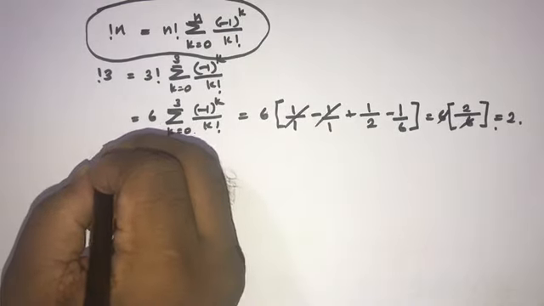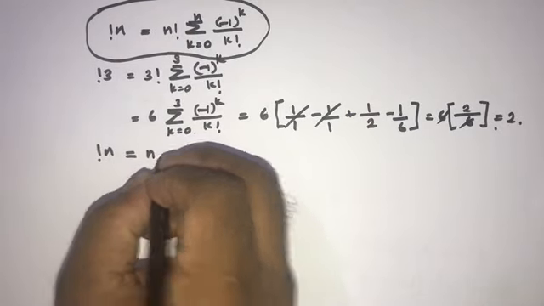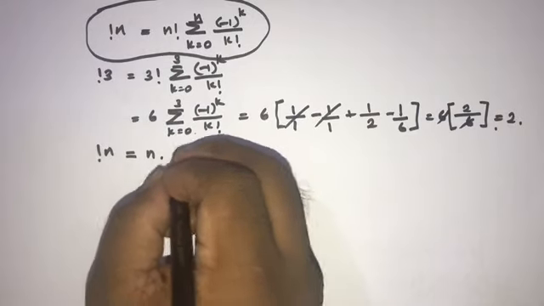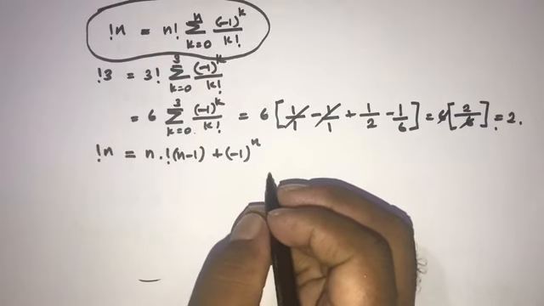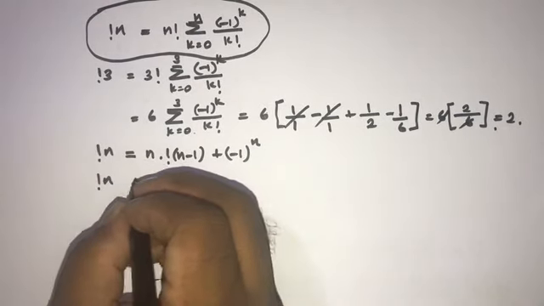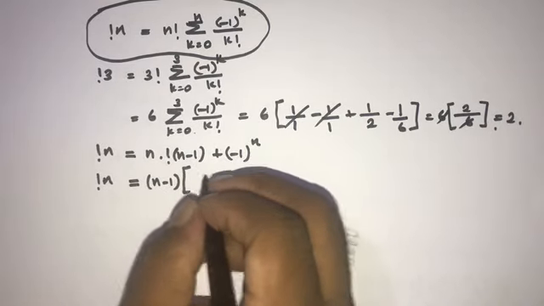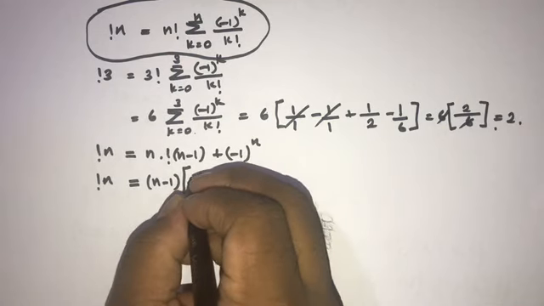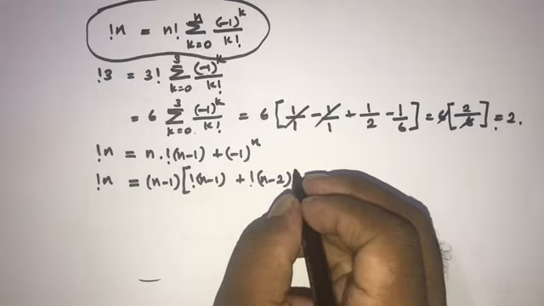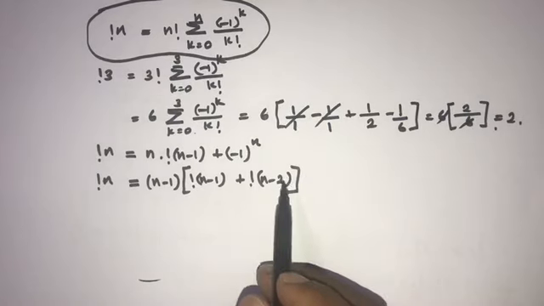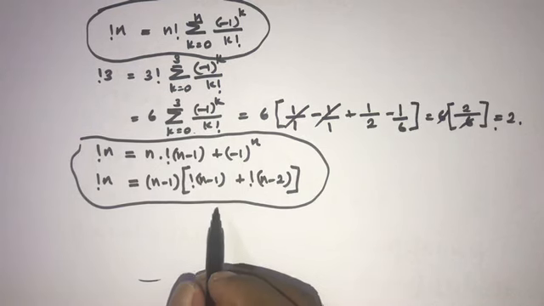We can write n subfactorial is equal to n times n minus 1 subfactorial plus minus 1 to the nth power, and also n subfactorial is equal to n minus 1 times the quantity n minus 1 subfactorial plus n minus 2 subfactorial. We can also find subfactorial using these formulas.